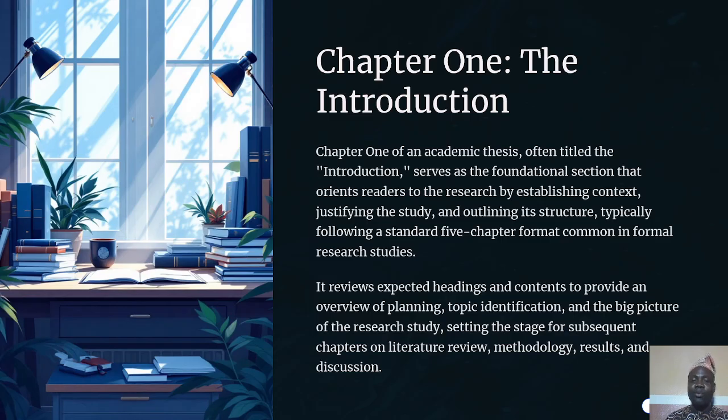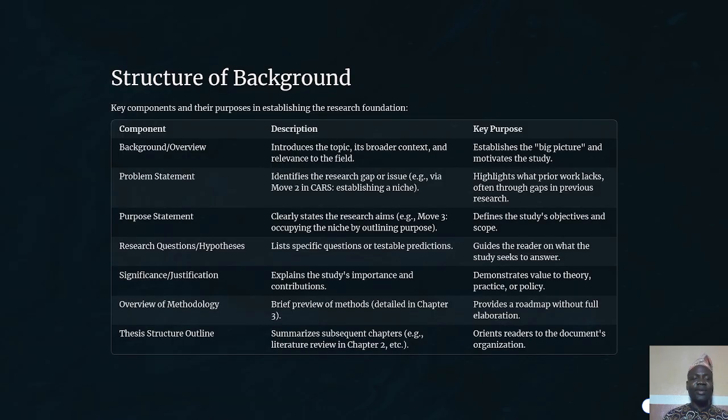When we are reading your background or introduction, which is your chapter 1, we should have information on the type of methodology you will likely use. So you can see that it's very, very fundamental.